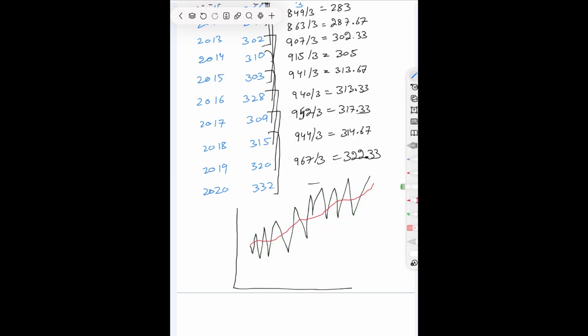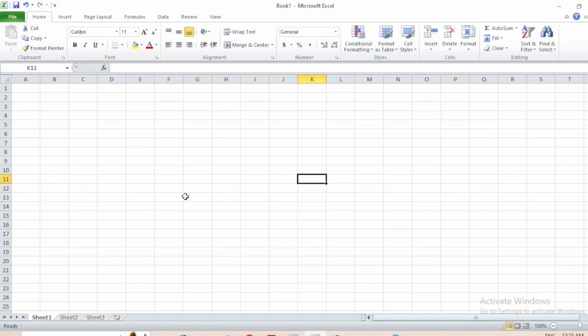So now let us do this part in the Excel itself. Okay, now let us try to do the regression equation in the Excel. So first of all, we would need two variables.